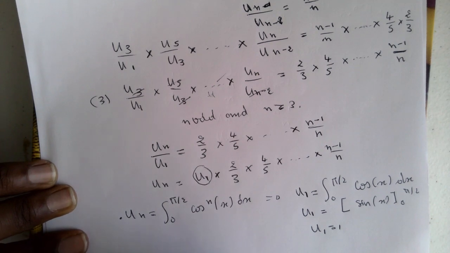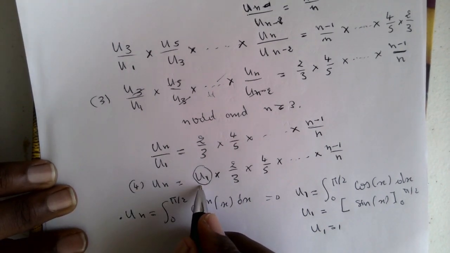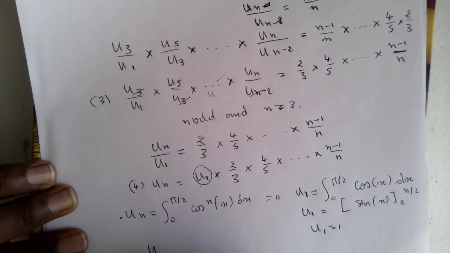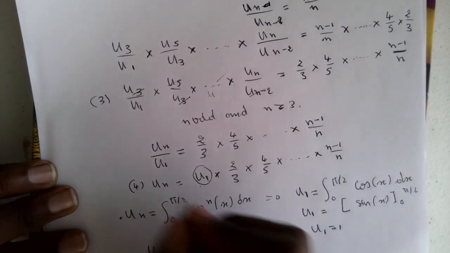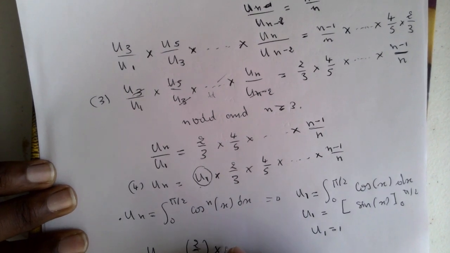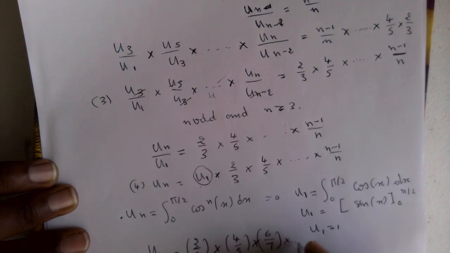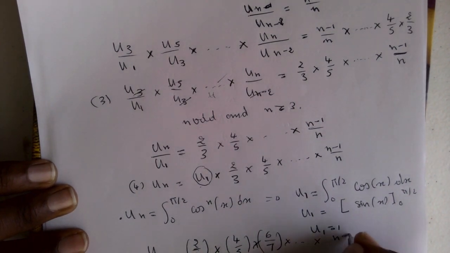So u_1 is just 1, which means that u_n is equal to 2/3 times 4/5 times 6/7 times up to n minus 1 over n.